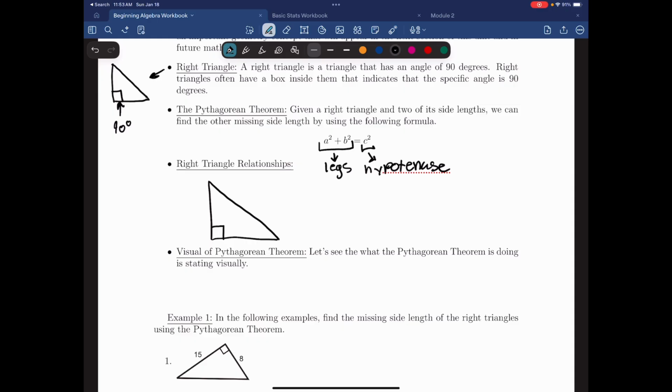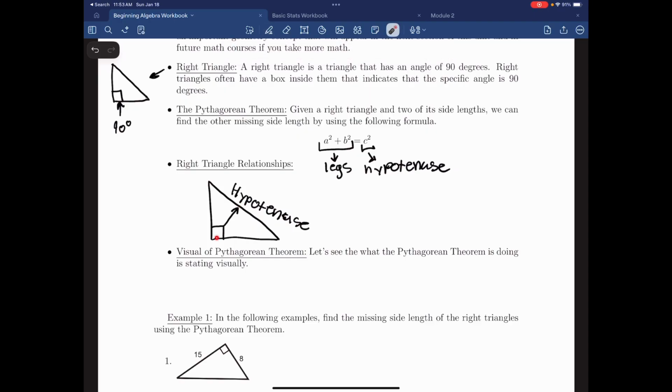So our hypotenuse of the triangle is right here. Your hypotenuse is the longest side length of the triangle. And your hypotenuse is always going to be directly across the right angle, always. So whenever you're trying to figure out what your hypotenuse is, if it doesn't jump out right away, because sometimes triangles can be oriented in any way, it can be kind of confusing when they're oriented in weird ways or weird angles.